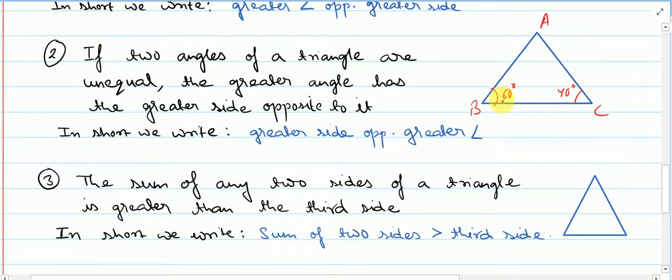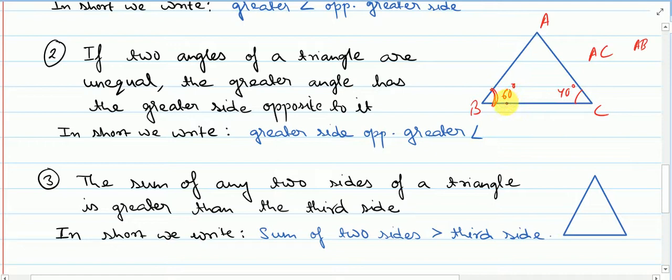So the angle which is greater will have greater side opposite to it. Here opposite to this angle 60 is AC, and opposite to 40 is AB.